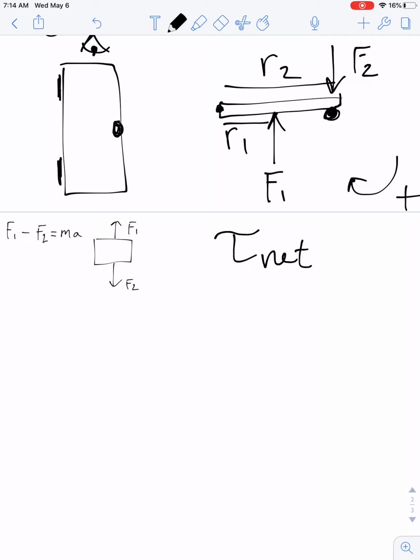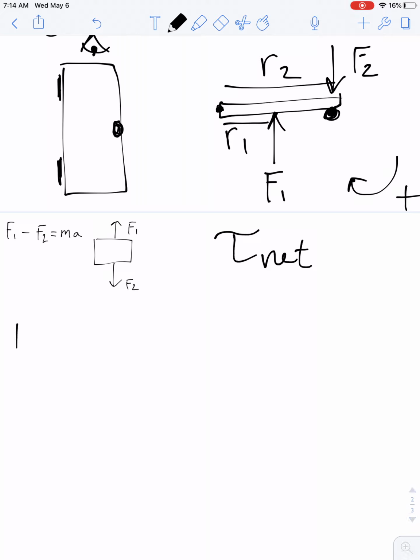And you may recall when we first introduced this unit, we introduced some terms, things like angular displacement, angular velocity, angular acceleration, and torque. And then we also introduced a term for mass.